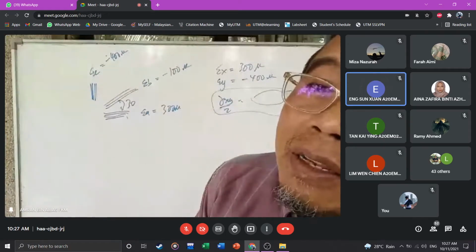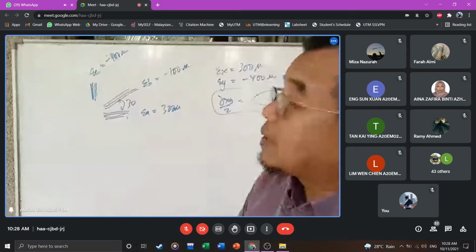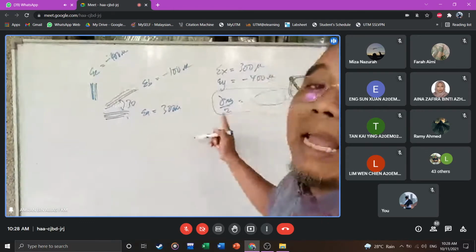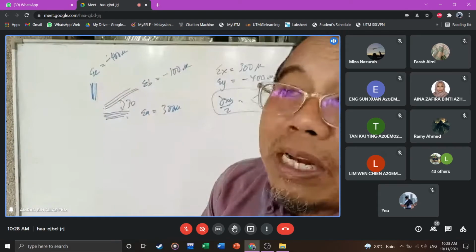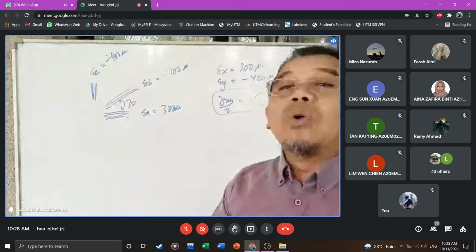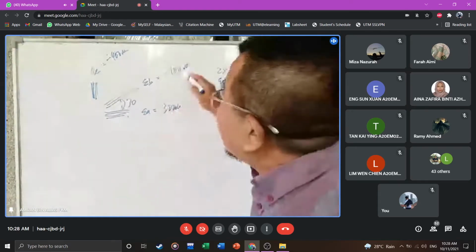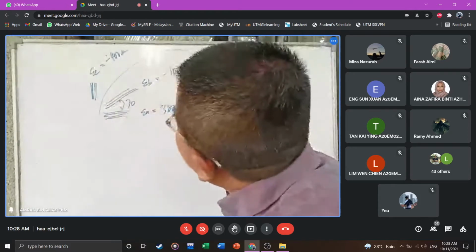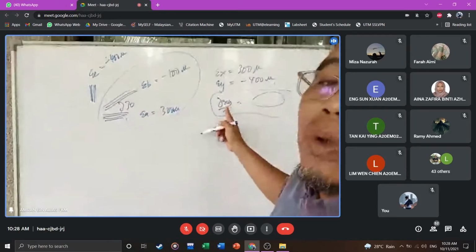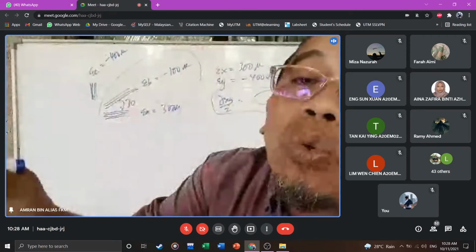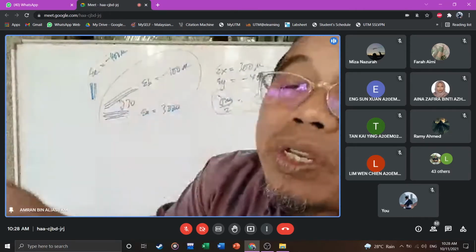So how do I find this one? I don't have any device to measure the angle. I have a device to measure the normal strain only. So I use these things here to solve this one. I use the old equation. What is the old equation that we know?